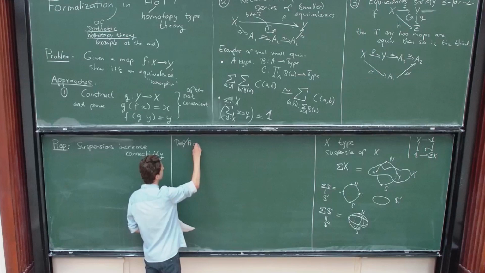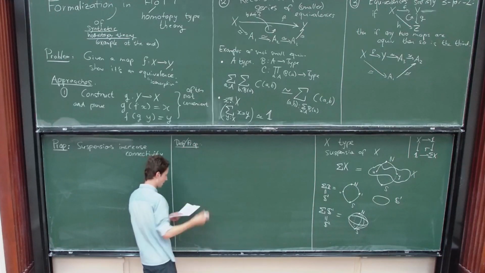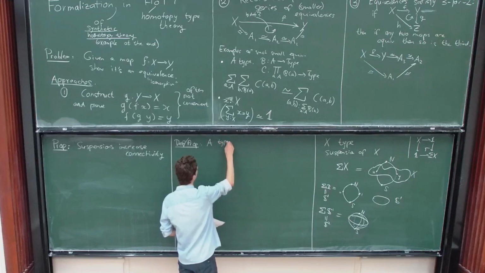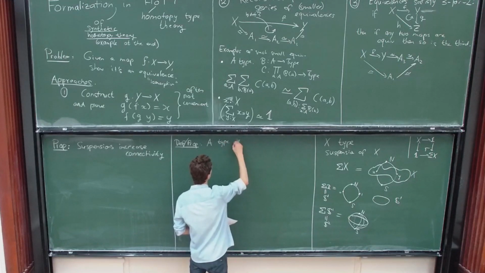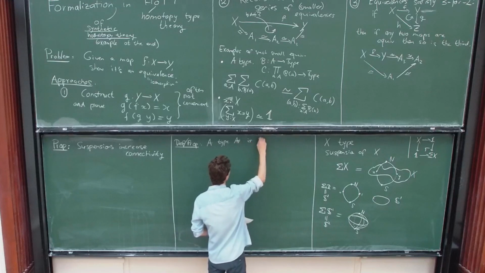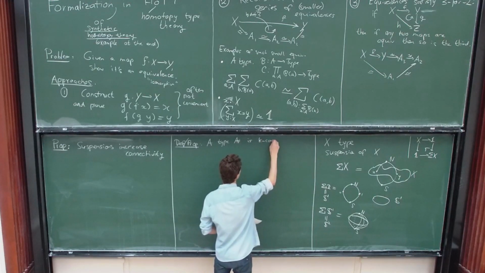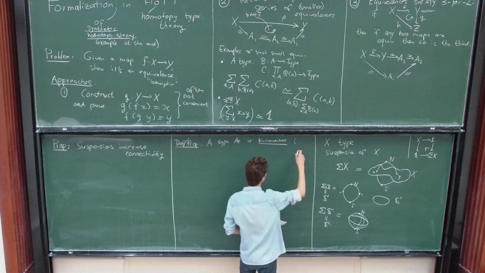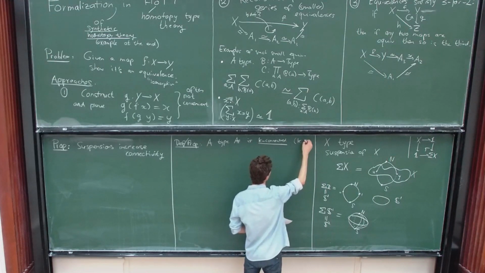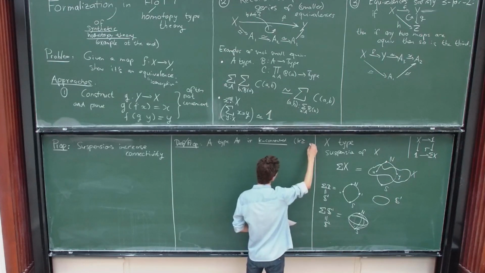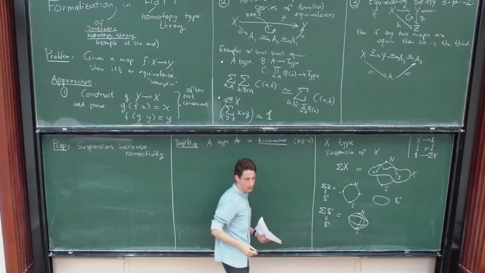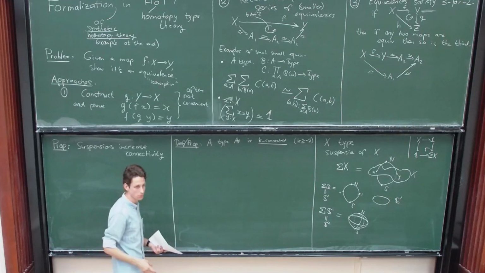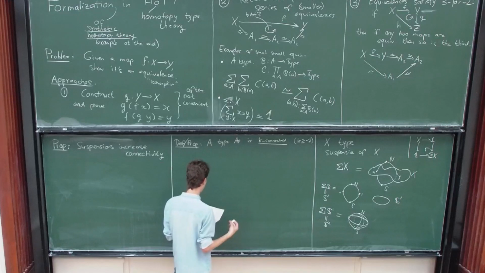If you have seen it before, you can take it as a proposition. So a type A is said to be K-connected. Here, for technical reasons, K is an integer starting from -2, but you can kind of think from 0, 1. I will give an explanation in a second.